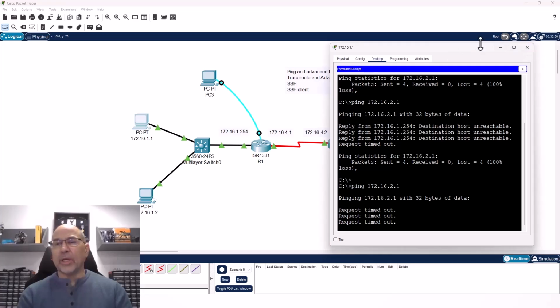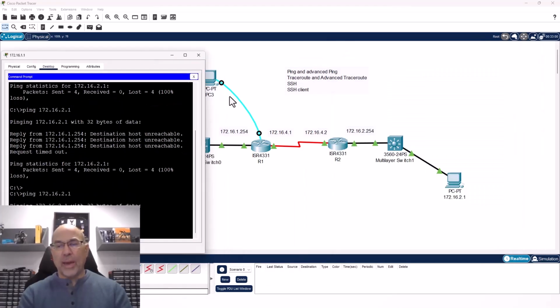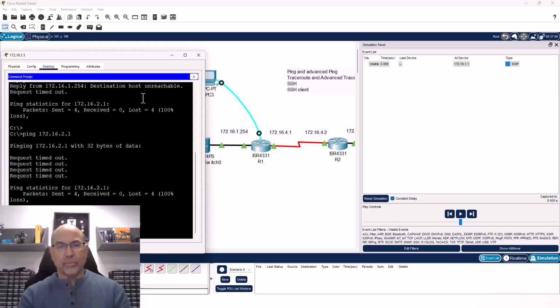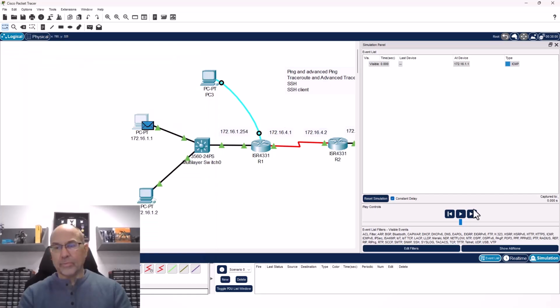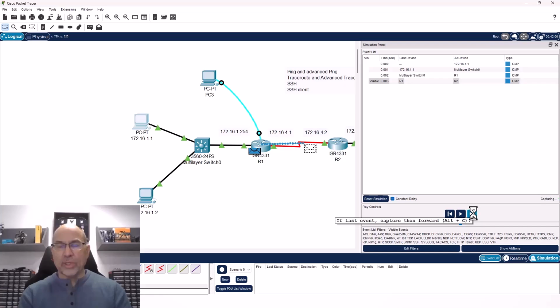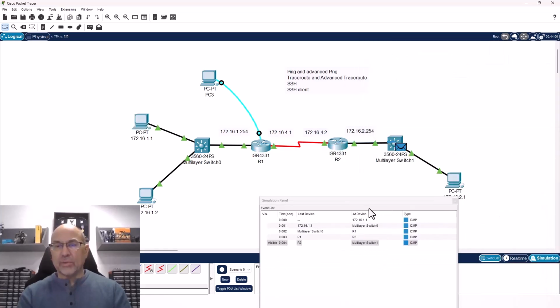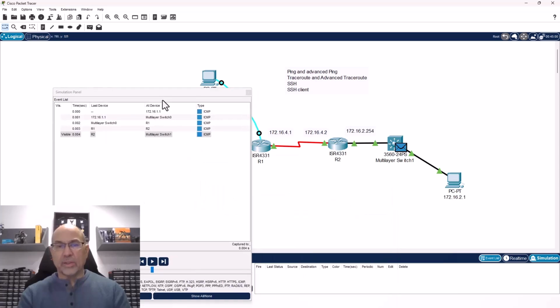So let's take a look in the simulation and see what happens. So the traffic goes out now, but we've told R1 how to get there. So R1 forwards it, and it gets all the way to the destination, right? Gets all the way there.